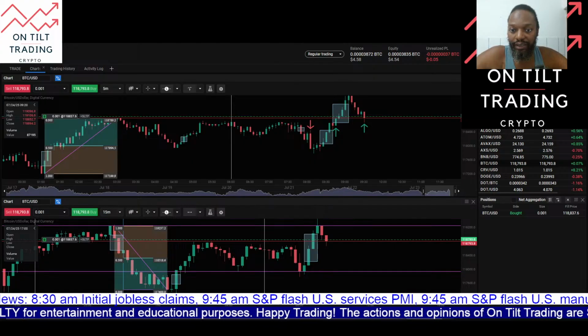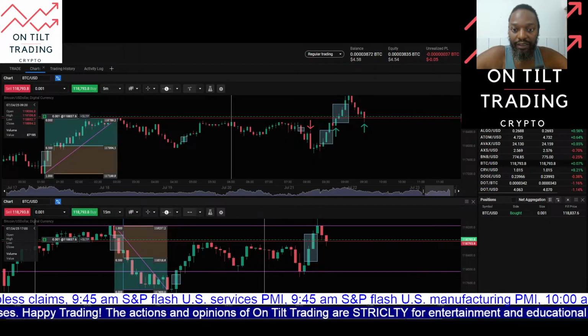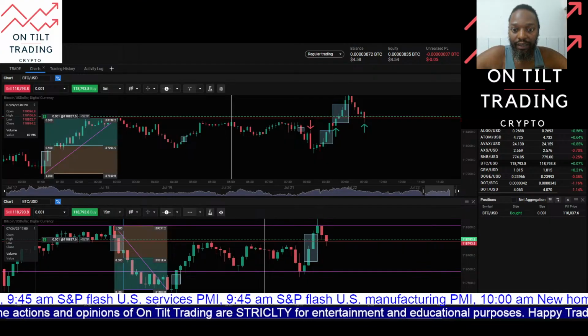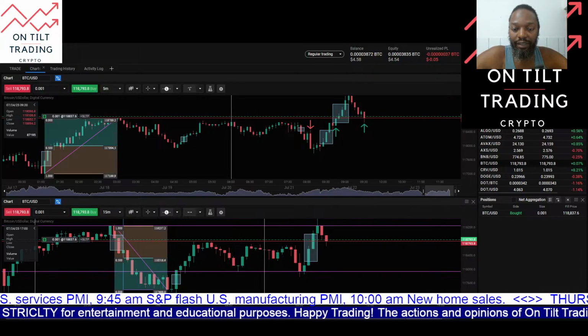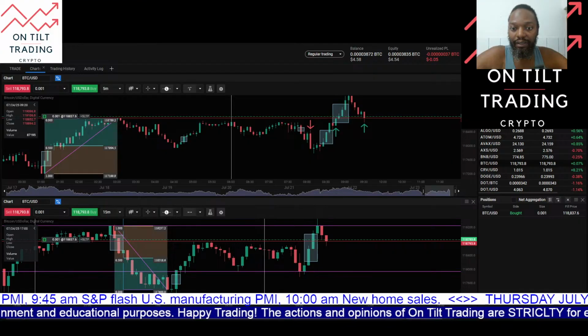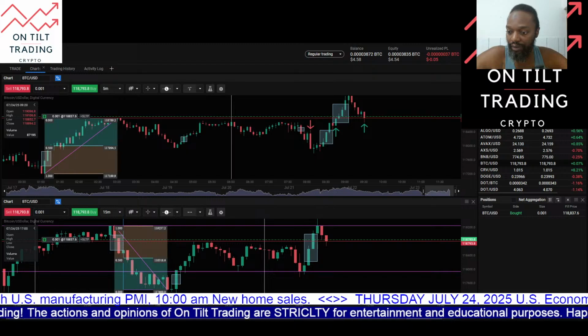But since I'm trading the first fair value gap is why I set the stop here. As you can see, this is one leg, and then this is separated by a second leg. So this trade is based off of this first leg. I want to see this hold.